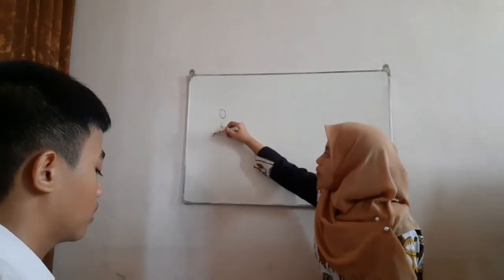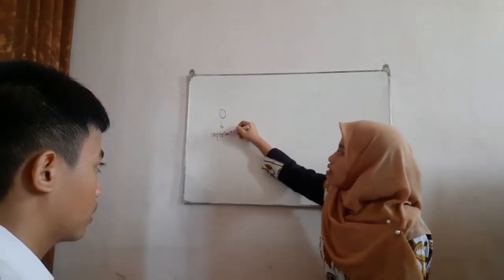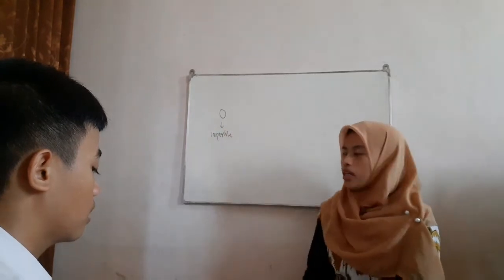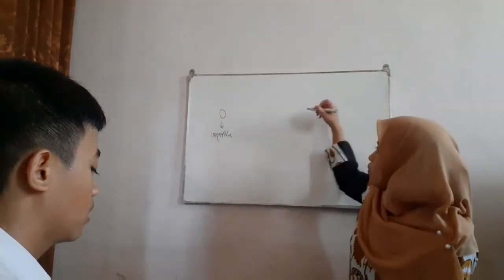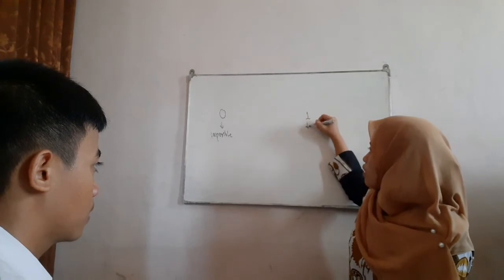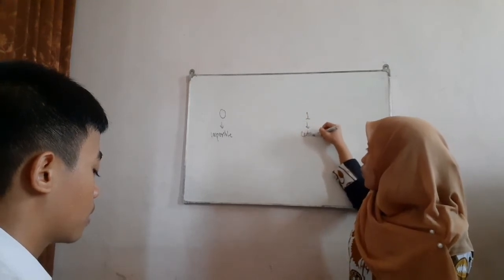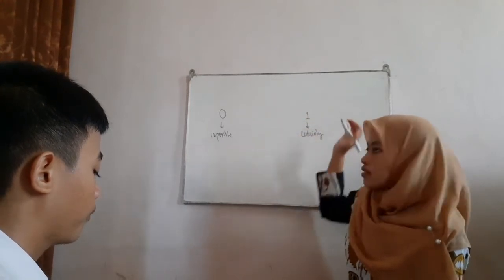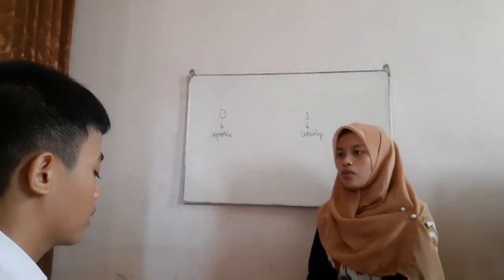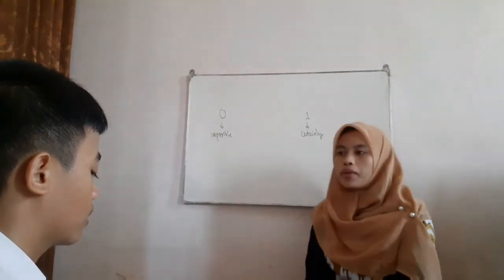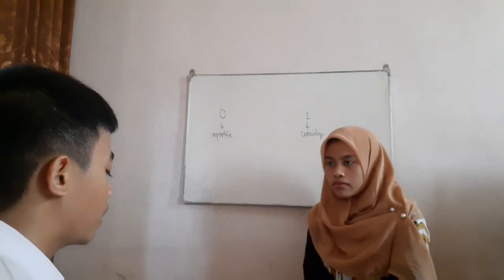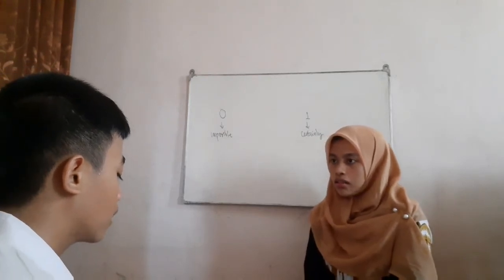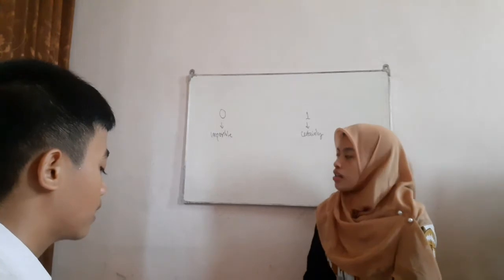0 is for impossible. And 1 is for certain, which will certainly happen one day. So how about the possible? It lies between impossible and definitely happening, Miss.